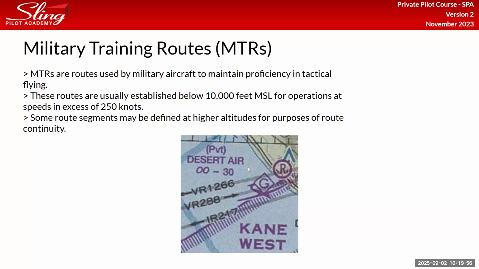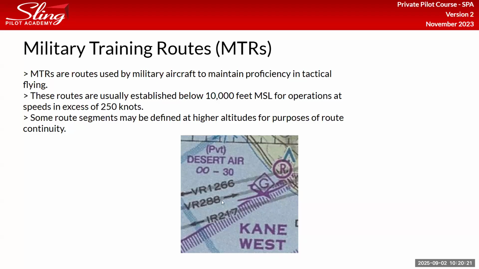Let me double check myself before I say. Okay, if there's 4 digits, then the route that they're flying on is going to be at 1,500 feet AGL and below.